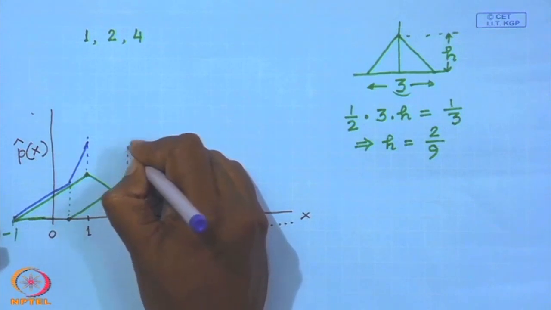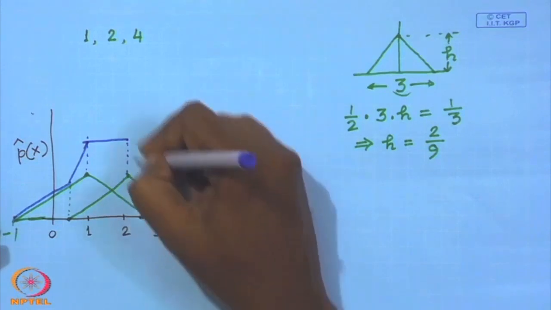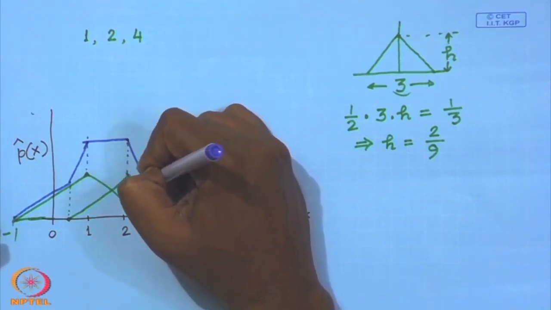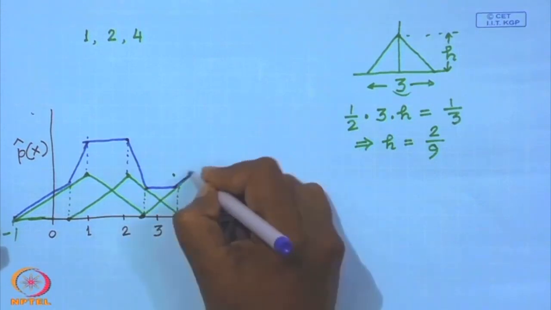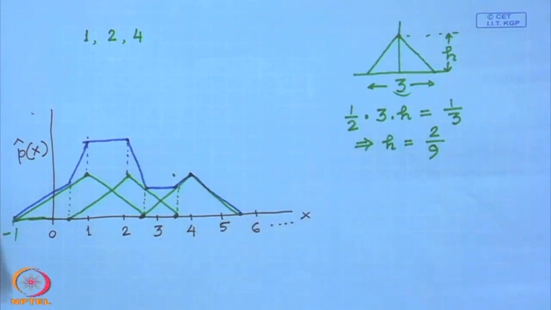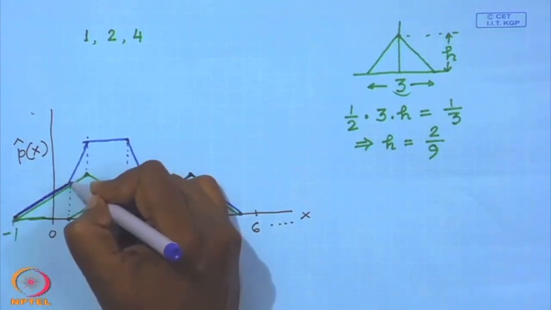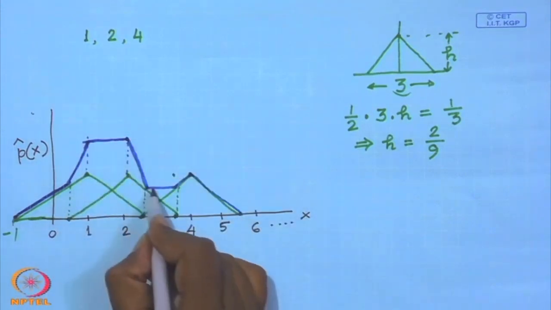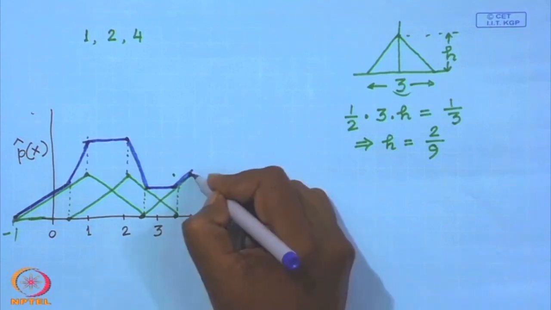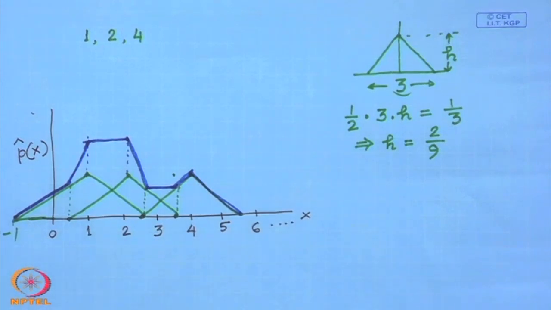From here to here, it will be constant. Again, from here to here, it will be like this. Then again, it will be constant. Then it will follow a single window like this. So, my final probability density estimate is given by this superimposed curve, shown in this blue line. This is the final probability density estimate.